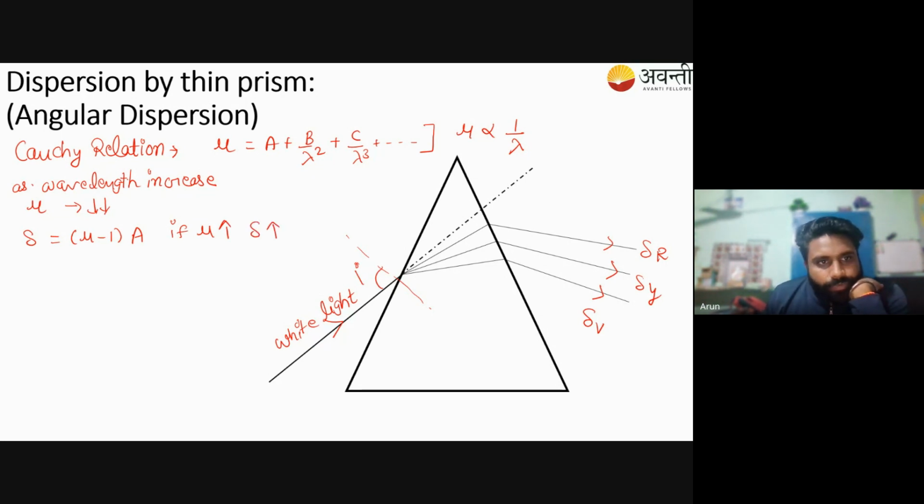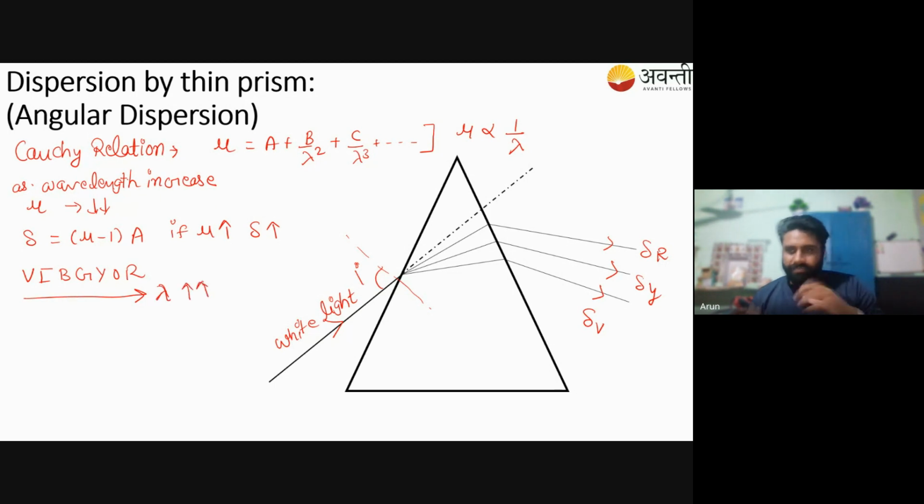From the pattern of VIBGYOR, seven colors: violet, indigo, blue, green, yellow, orange, red. From violet to red, what happens to the wavelength? It increases. Keep this in mind.